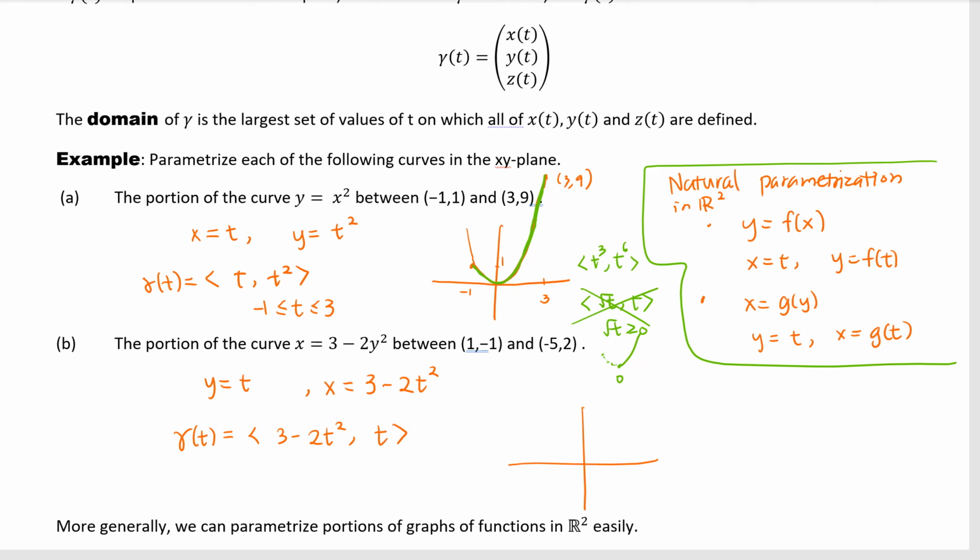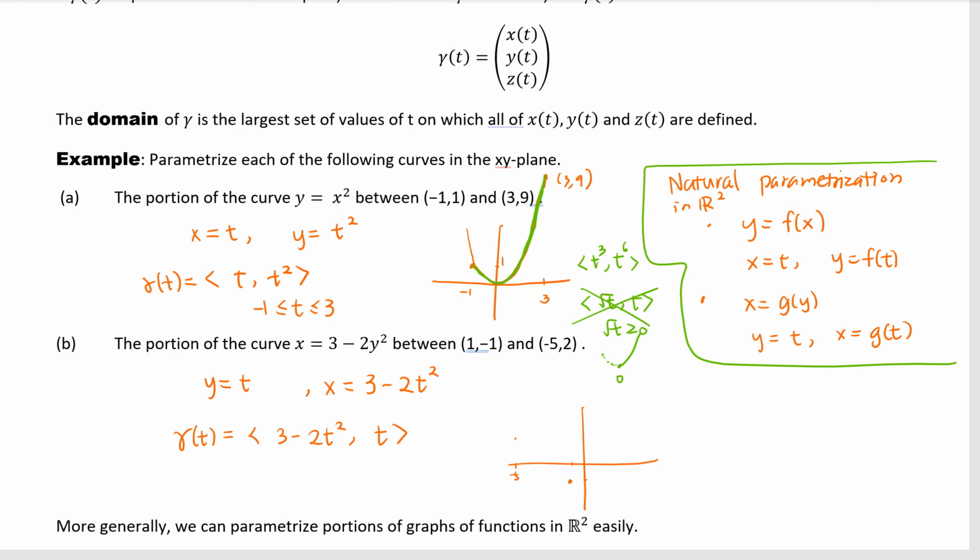We know this is also a parabola, and because the leading coefficient is negative, it opens to the left. If x is a function of y, then the parabola either opens to the right or to the left. Here, because the leading coefficient is negative, it opens to the left, and it passes through the points 1, minus 1 and negative 5, 2.